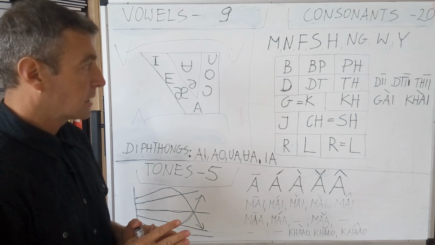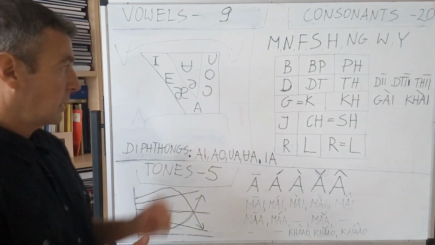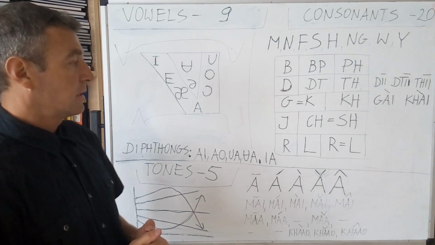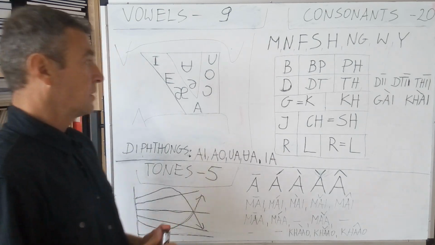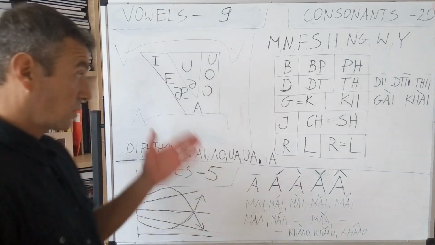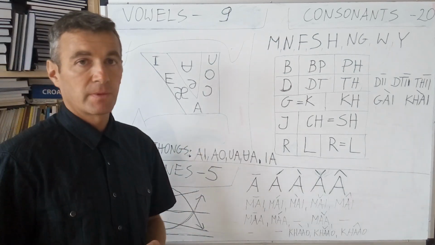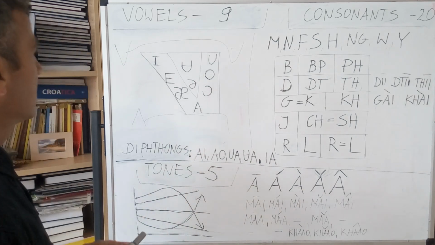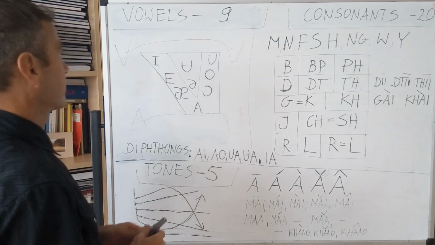So for the time being, I will use an international system used for the transcription of the pronunciation of Thai, which is based on Latin letters, as you see. So letters that you are familiar with, knowing English, of course.